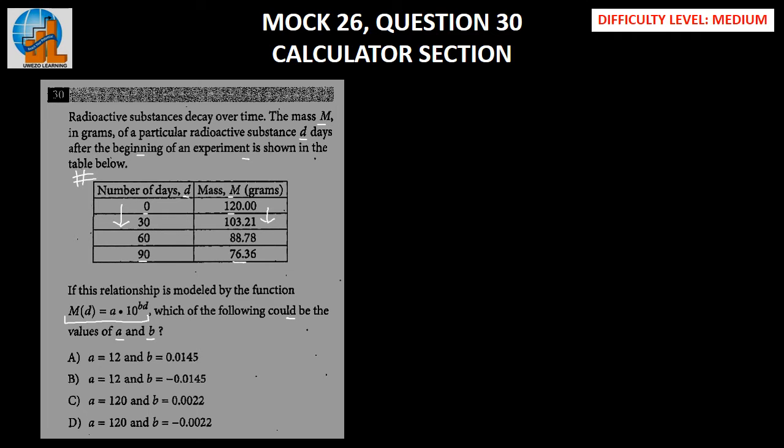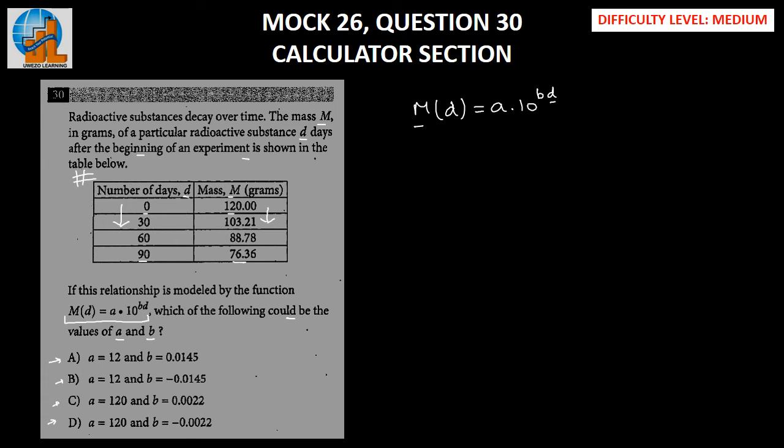So we know the value of m, so I'll just start by writing the function here, m(d) equal to a times 10 raised to the power of bd, and the values of m and d can be taken from the table, and we'll substitute the values of a and b and find out which one is the right answer.